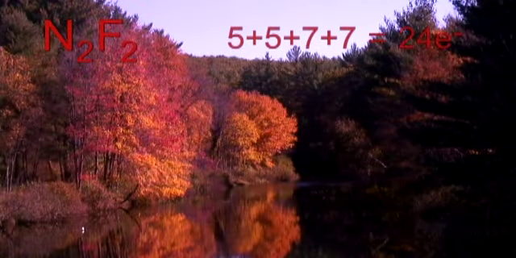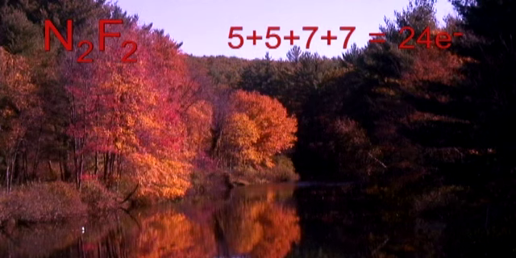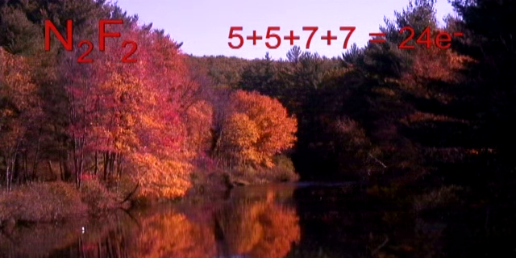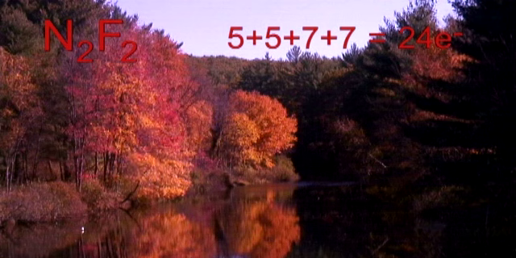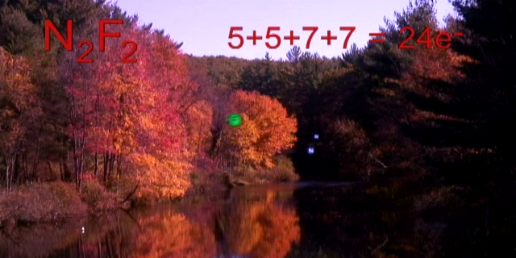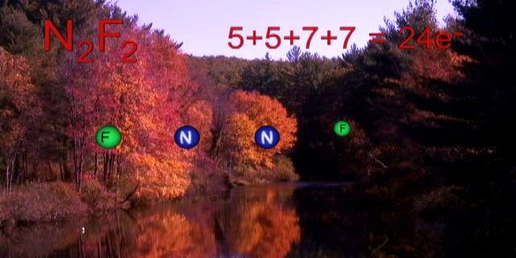For N2F2, there are a total of 24 valence electrons. Although it appears that there may be several ways to assemble these atoms, one first needs to realize that each fluorine atom can only form 1 bond, and nitrogen can form 3 to obtain full valency, which reduces the possible ways these 4 atoms can be bonded together.